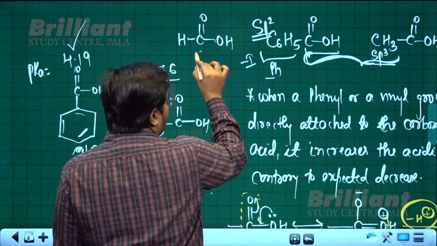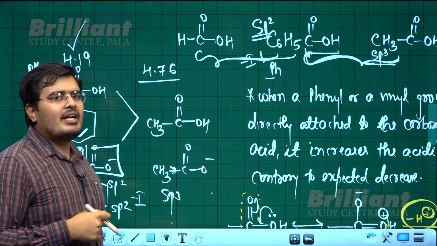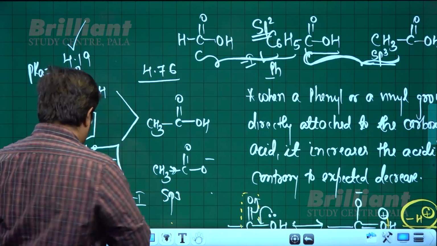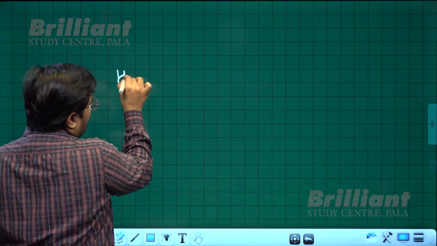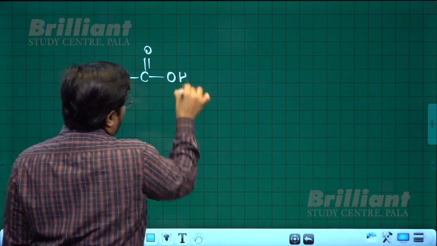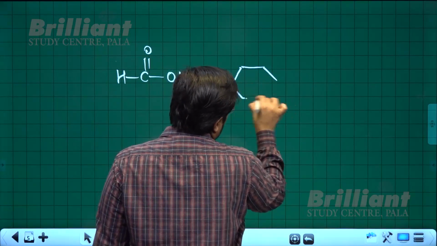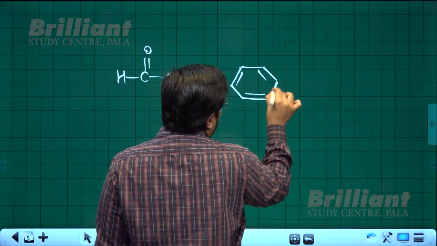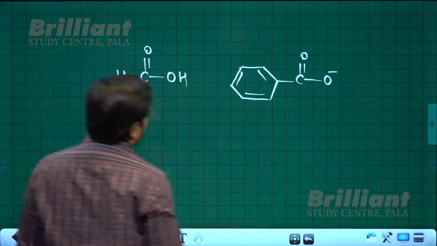Whereas when you compare formic acid and benzoic acid, the logic for comparison changes. Let's try to understand how. When I am comparing the formic acid with benzoic acid, again I have to compare the stability of their conjugate base.